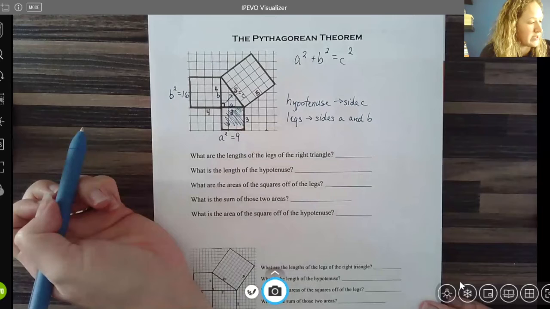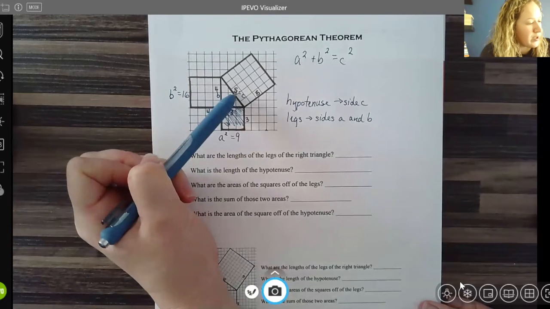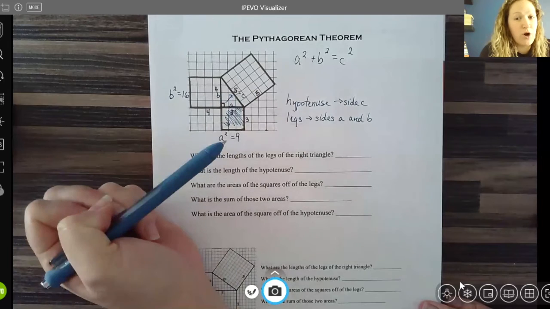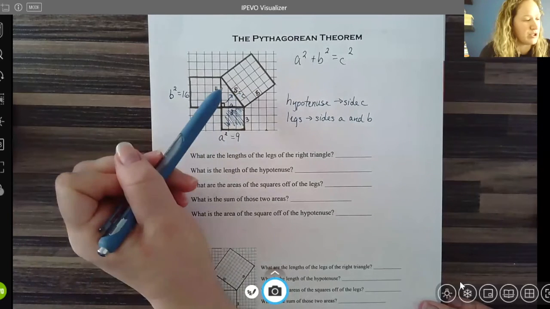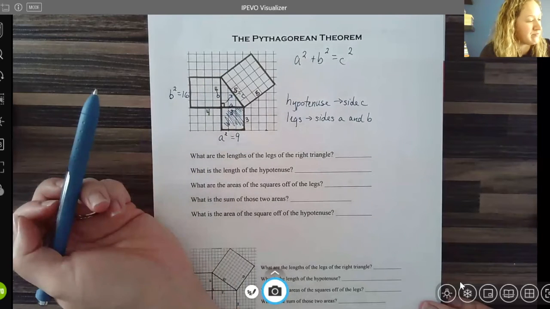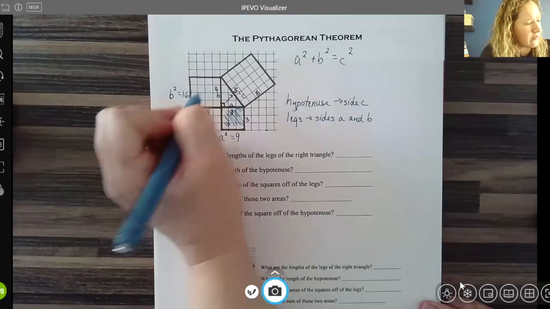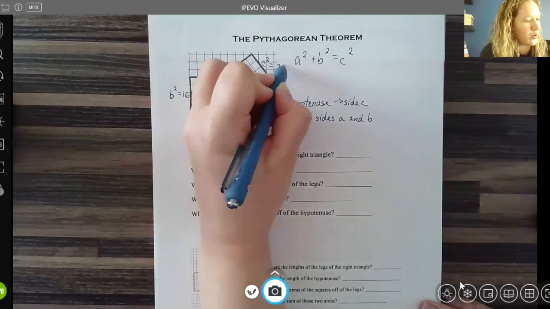That means if I've labeled this leg as my B, then my B squared equals 16, because this area in here is 16. Then my last square, which is off of the hypotenuse, we could say it's adjacent, it's right next to, it's the square coming from the hypotenuse. This area is 25, or I could say C squared equals 25.